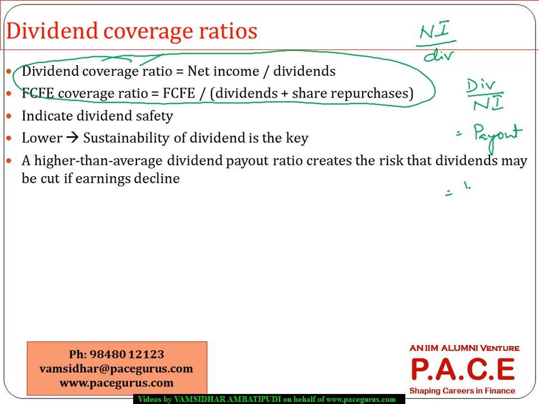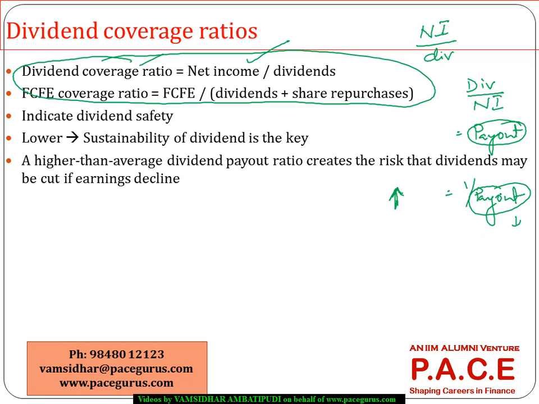And 1 by the payout ratio is what I call the dividend coverage ratio. What it means is, if the dividend payout is much lesser, the dividend coverage will be much higher and vice versa.